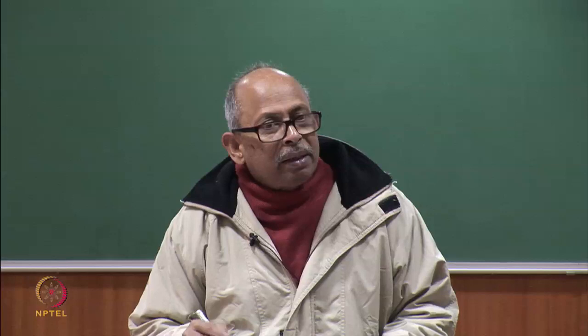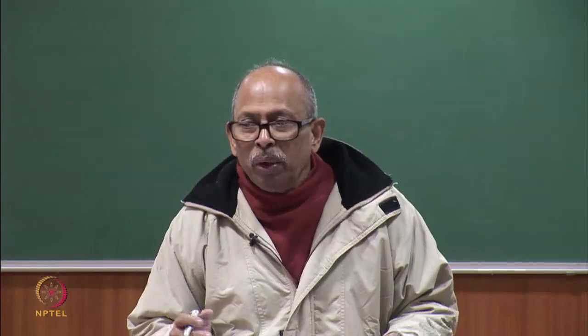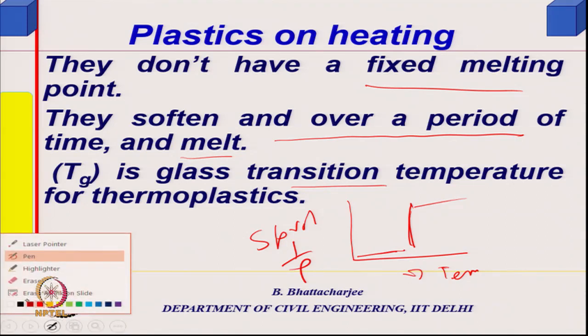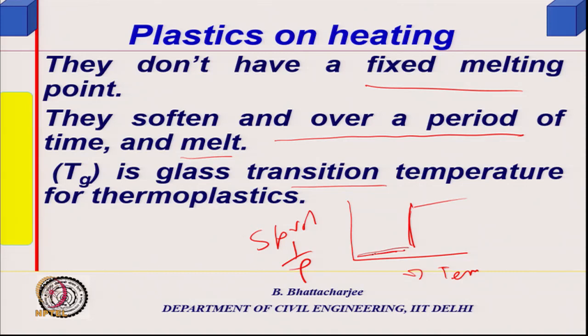But for many other materials, the liquid occupies a different volume. So, it is a sharp change, while in plastic it is not so. In plastic it will be something like this, then it might change like this, soften, and then it goes like this.